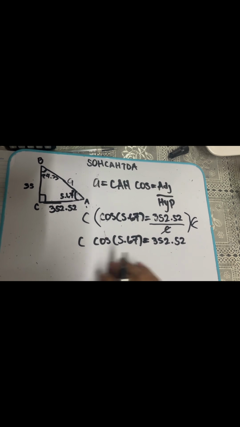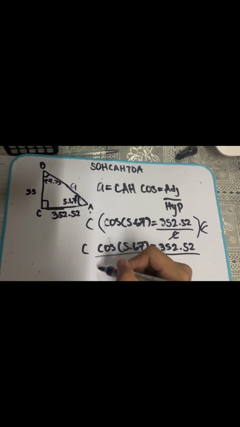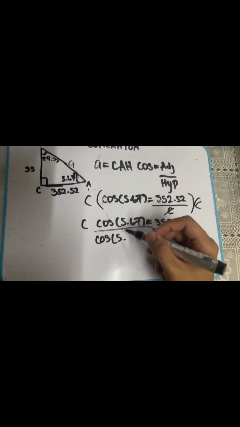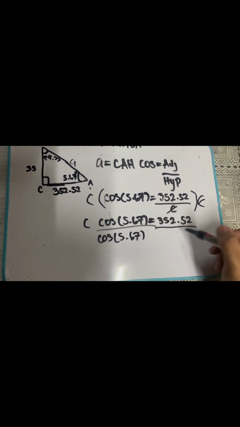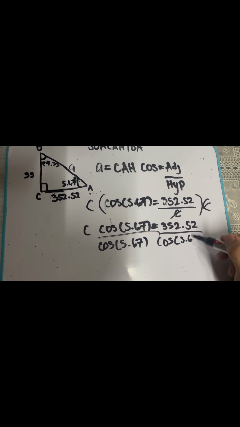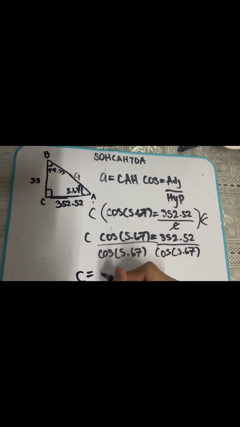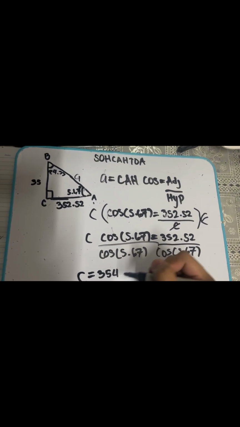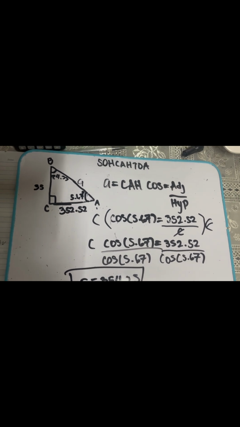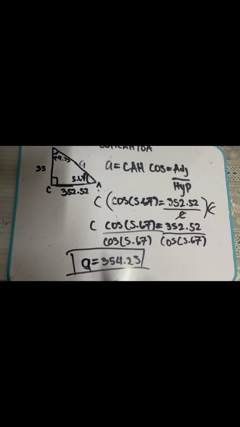And now that we have this, we're going to divide both sides by cosine 5.67 to get the answer of 354.25 for our hypotenuse, or small letter A.